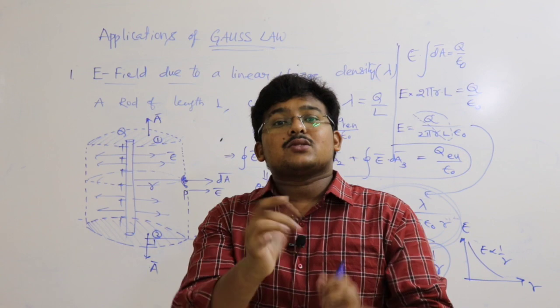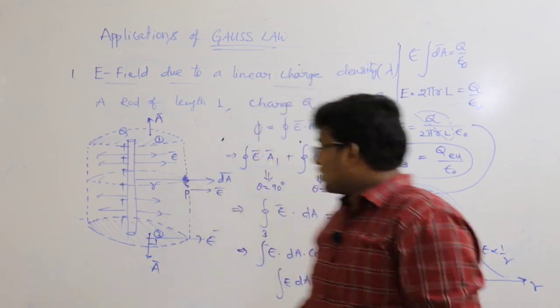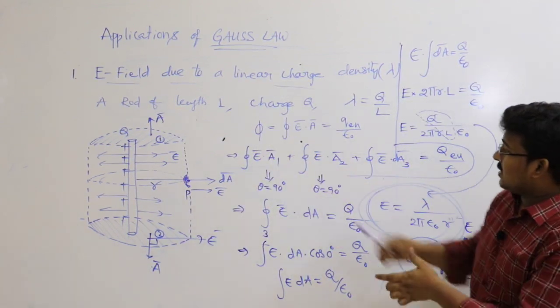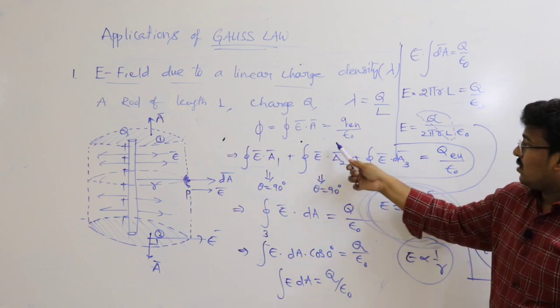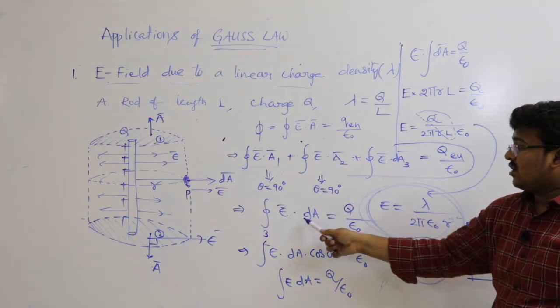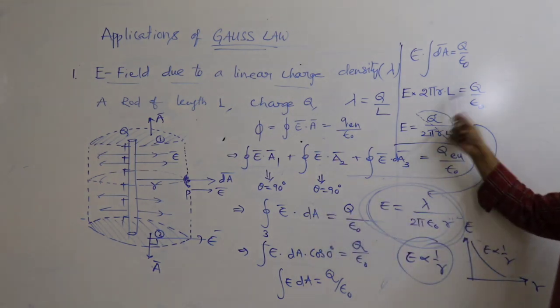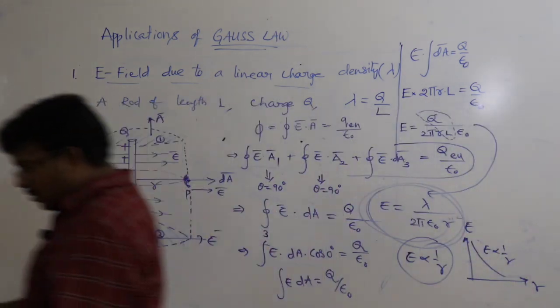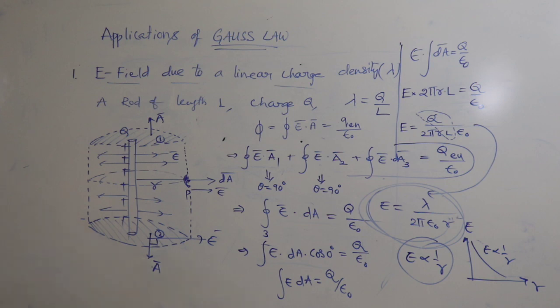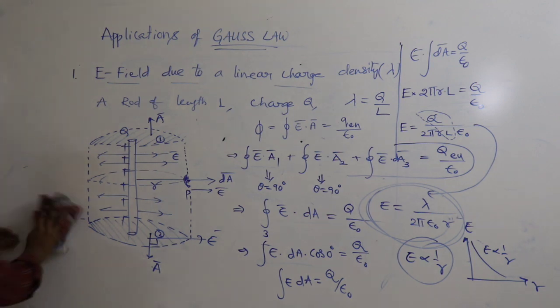Only the curved surface has flux passing through it. So E dot dA is Q by epsilon naught, and this dA is nothing but 2 pi r L. Okay. This is the way to find the electric field for a rod.